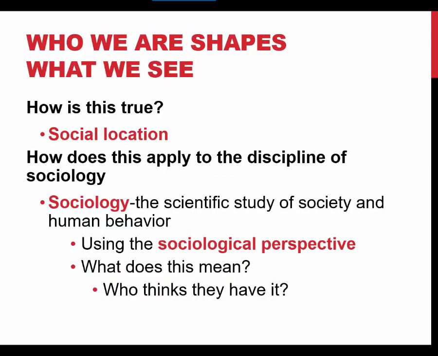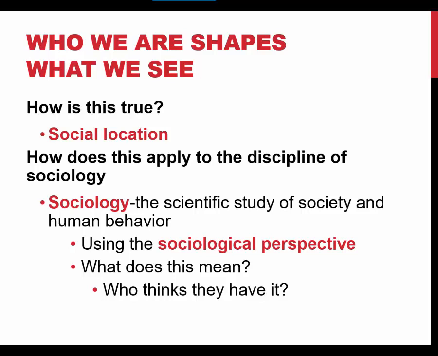Because our social location, who we are in terms of where we fall in the social structure, our gender, our race, our social class, the region that we grew up in, our religious affiliation or religiosity, all of these things comprise our social location.